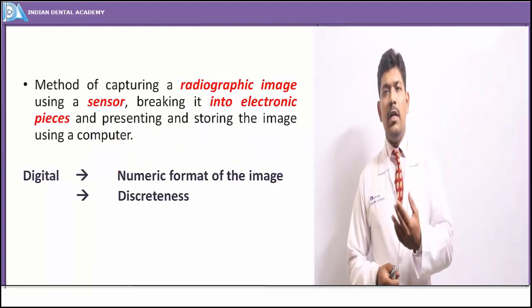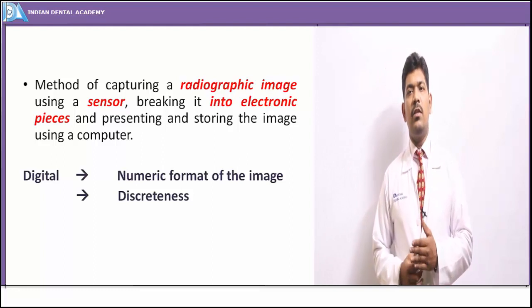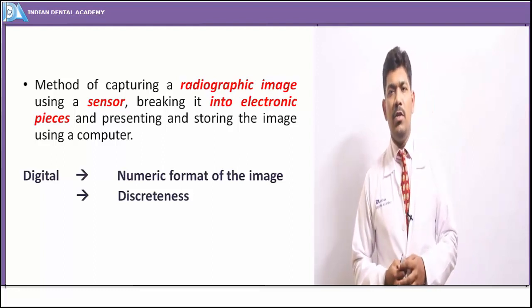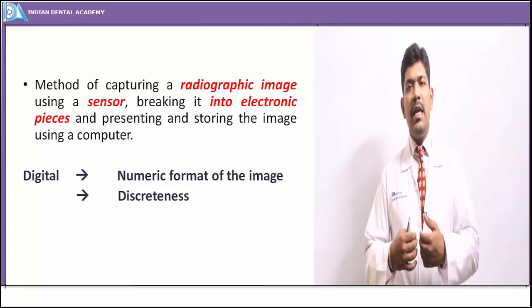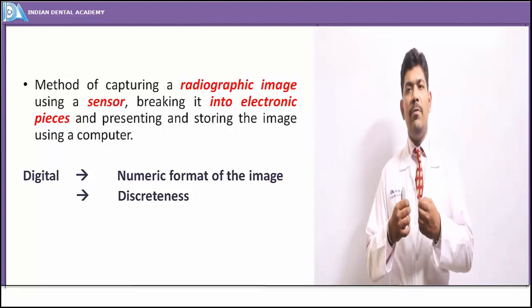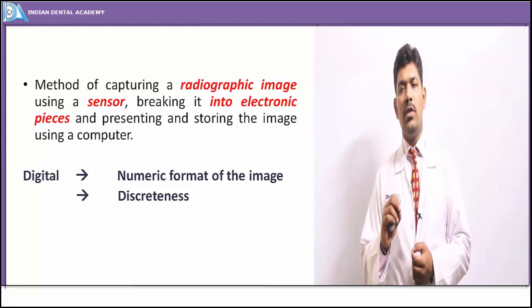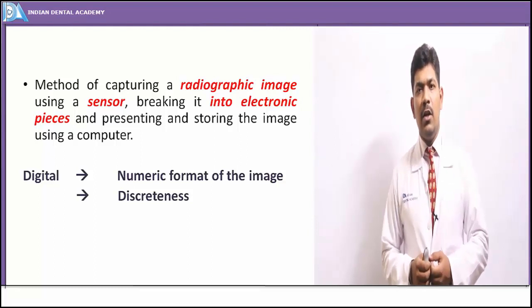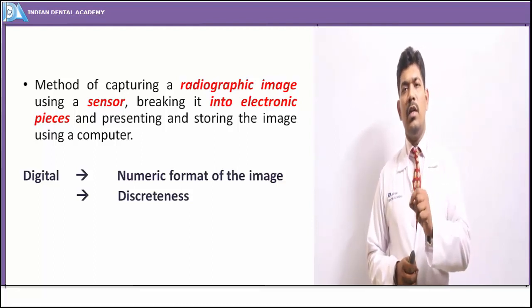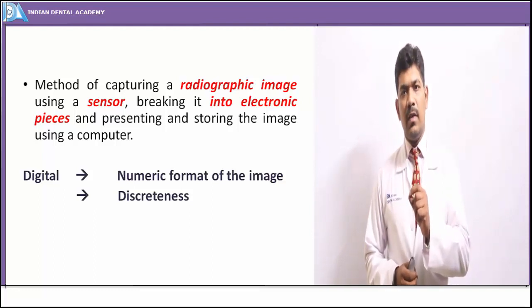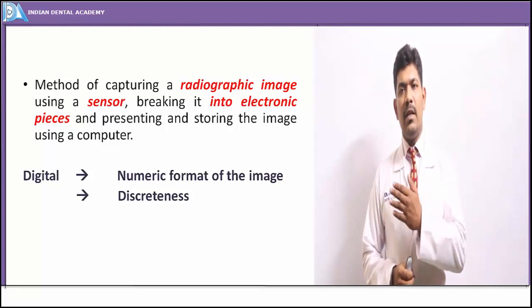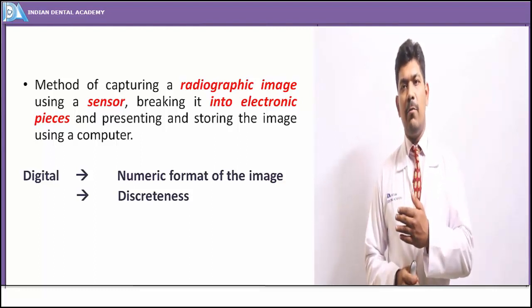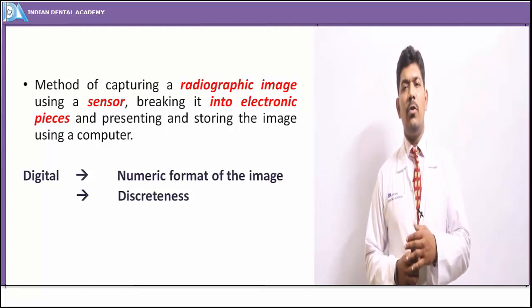Basically, digital imaging is used to capture the image of particular interest via a digital sensor and breaks this image into different parts or small boxes called pixels. Each box represents one segment of the image, which is then converted into a digital signal, in binary or numeric format, and then represented onto a system.